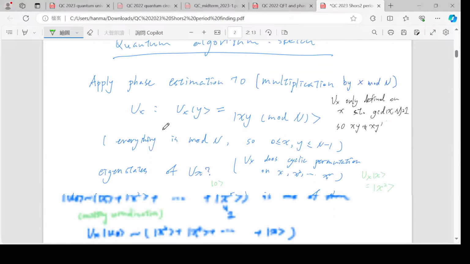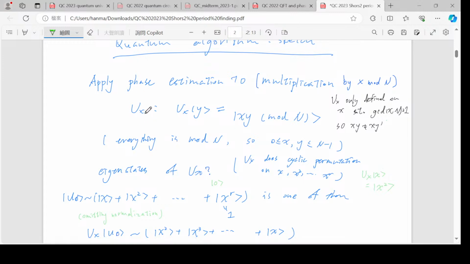So how about we just have a unitary x that multiplies your whatever input computational basis state by x. So ux on y becomes xy mod. We want ux to do this.